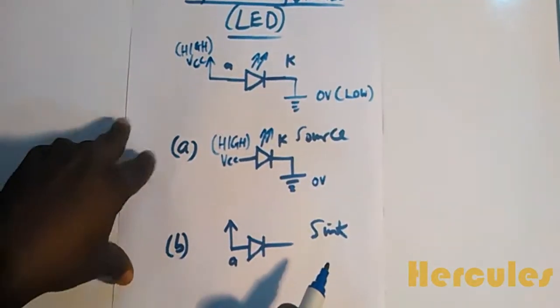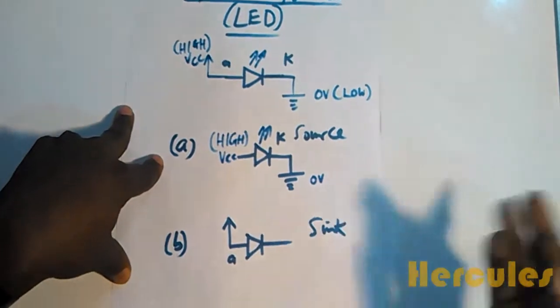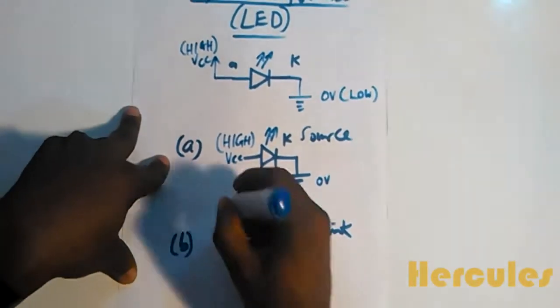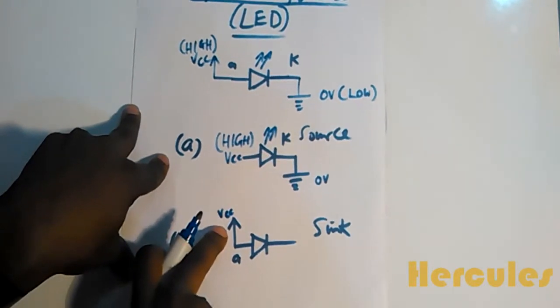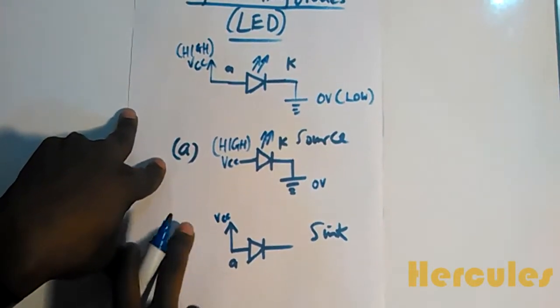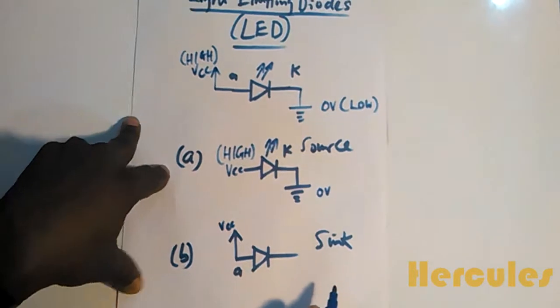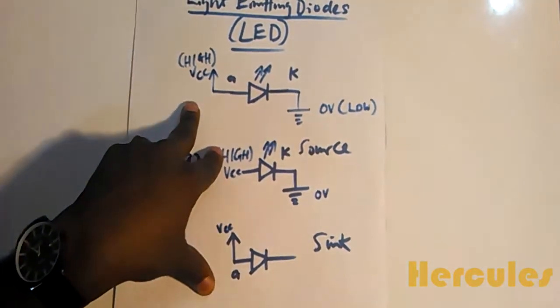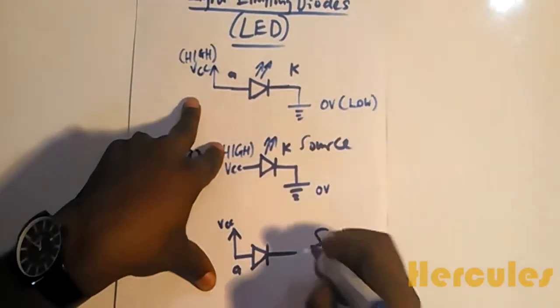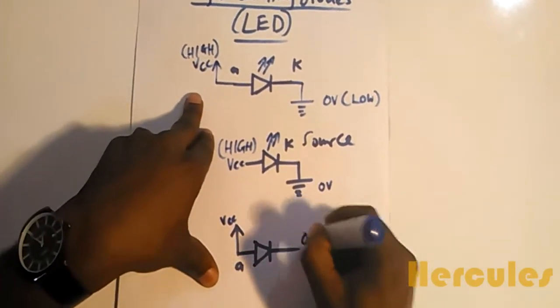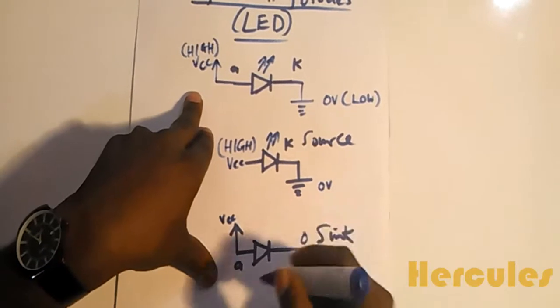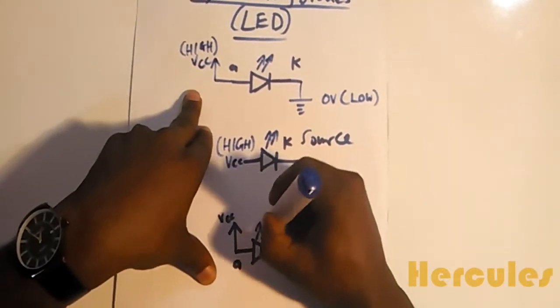Now if we want a 0 or a low to turn on our LEDs, all we need to do is tie our anode to the VCC permanently. Once it's tied permanently, all we need for our LEDs to come on is a 0 volt. Just apply a 0 volt here, connected to ground, and our LEDs will come on.